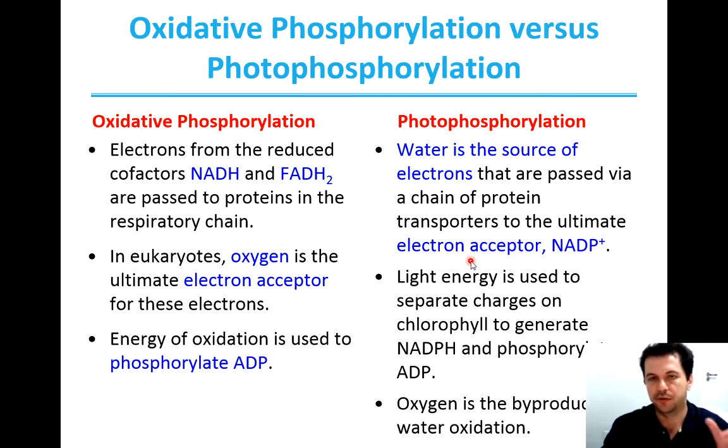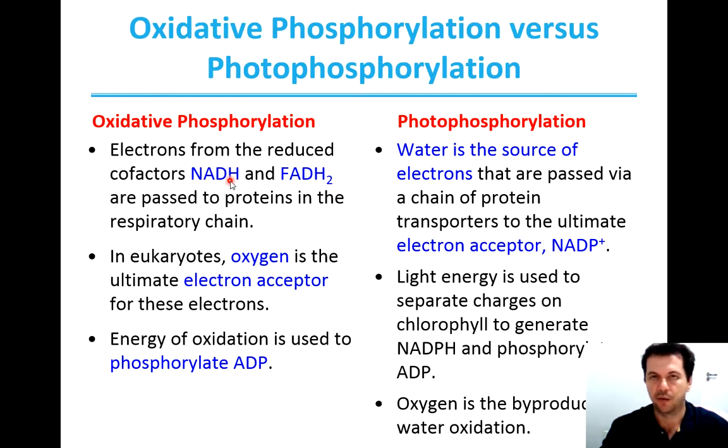So the protons that are pumped from one side to the other side of the membrane, the ATP synthase takes these protons and pumps them back to the other side. So then you have ATP synthesis. So the ATP synthesis is very similar. What is different is the components of the system. In photophosphorylation we have water, and here you have NADH and also FADH2 that is going to be degraded by different complexes.